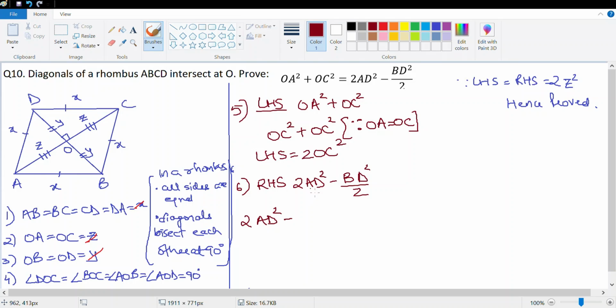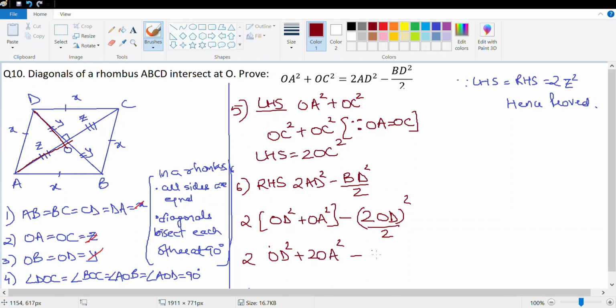Instead of AD square, I can write this as 2 times OD square plus OA square, because AD square is equal to OA square plus OD square, and BD is equal to 2 times OD, whole square upon 2. Is this correct? Yes, this is fine. So this is 2 times OD square plus 2 times OA square minus 4 OD square upon 2.